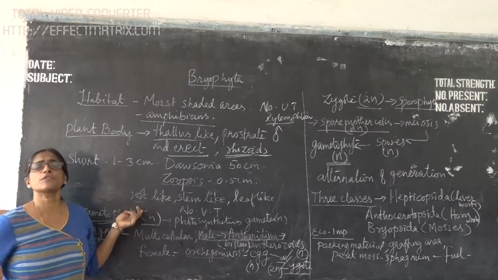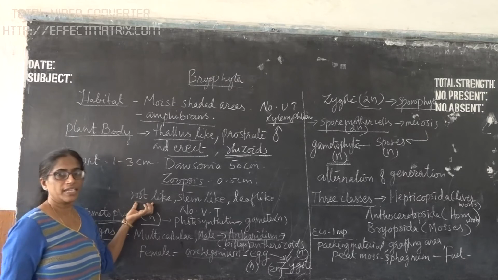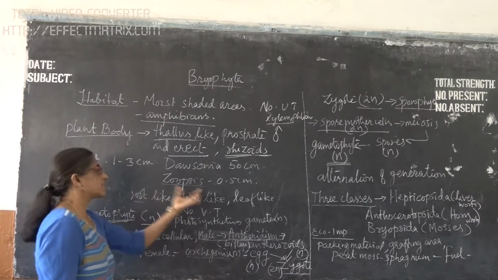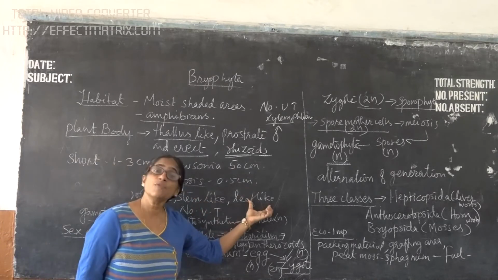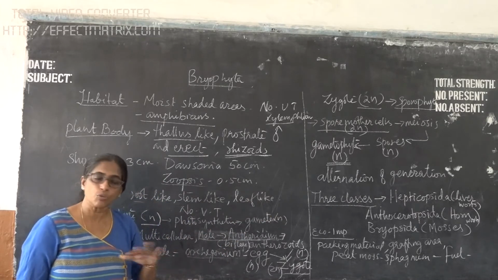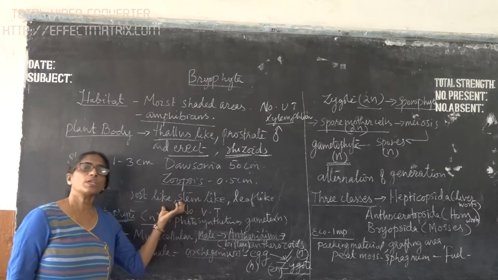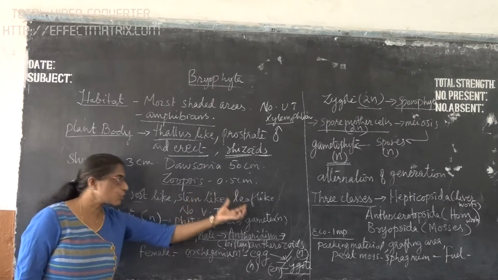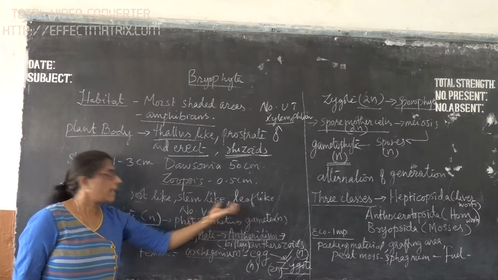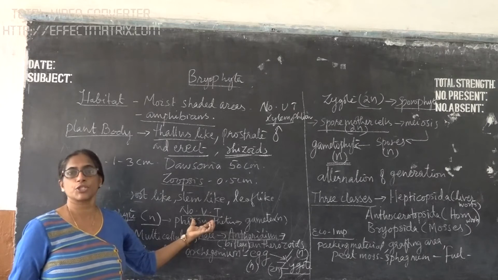Some members of this group have a plant body with root-like, stem-like and leaf-like structures. They are not true root or true stem or true leaf. Why? Because true root, stem and leaf will have vascular tissues, but they do not have vascular tissue.